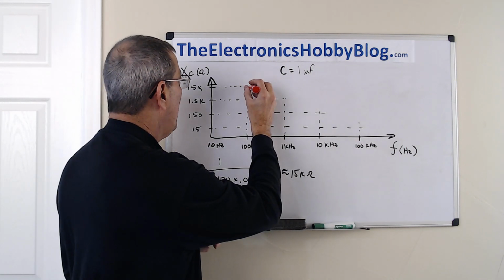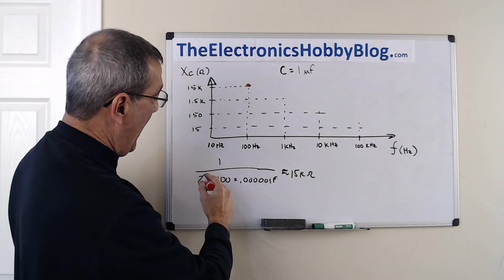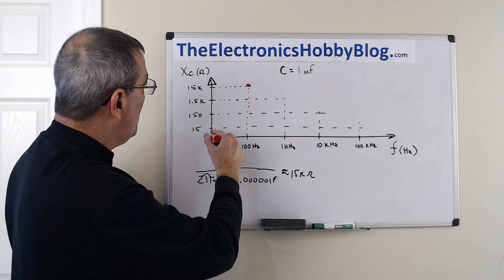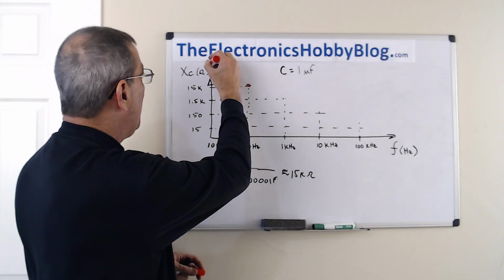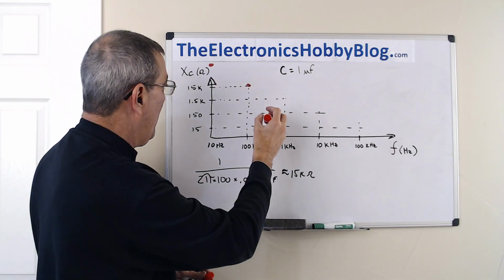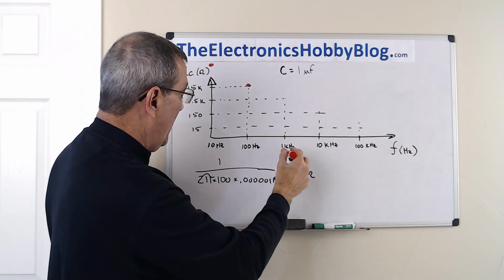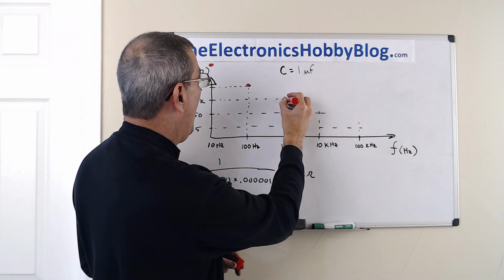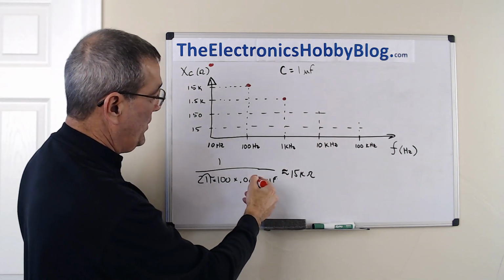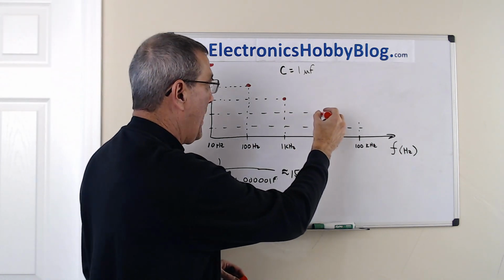And that means that at 10 hertz, it would be at 150K. So about here. And at 1,000 hertz, 1 kilohertz, it's going to be at 1.5K. Because what we're doing is we're just changing the decimal here, so everything should change by a decimal.